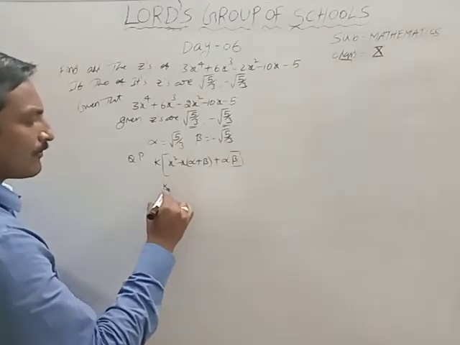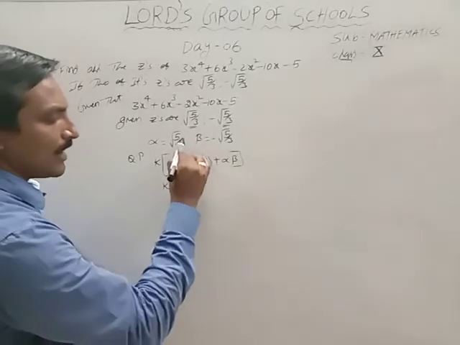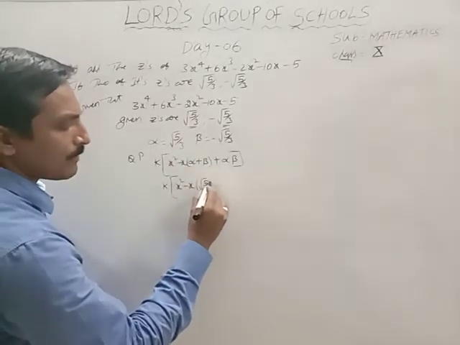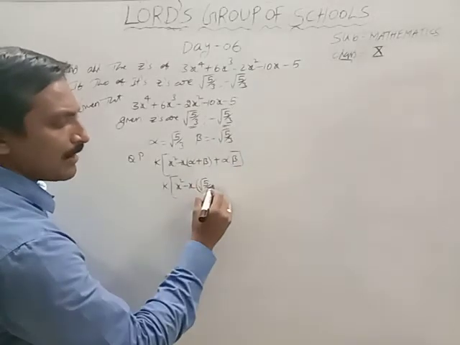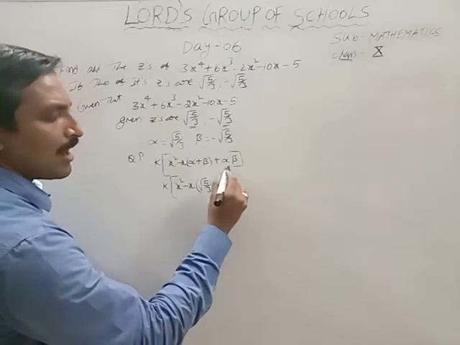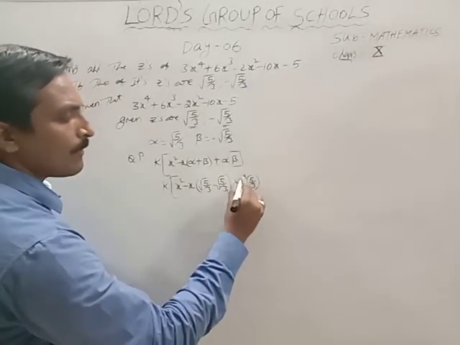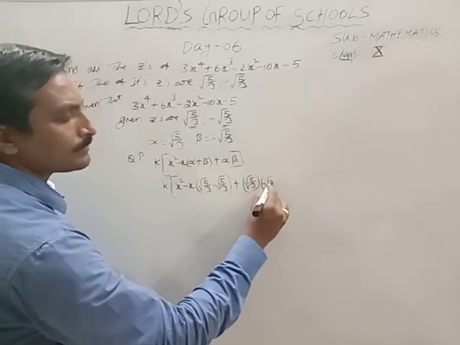Now k of x square minus x of, in place of alpha root 5 by 3, in place of beta minus root 5 by 3, plus alpha into beta, root 5 by 3 into minus root 5 by 3.